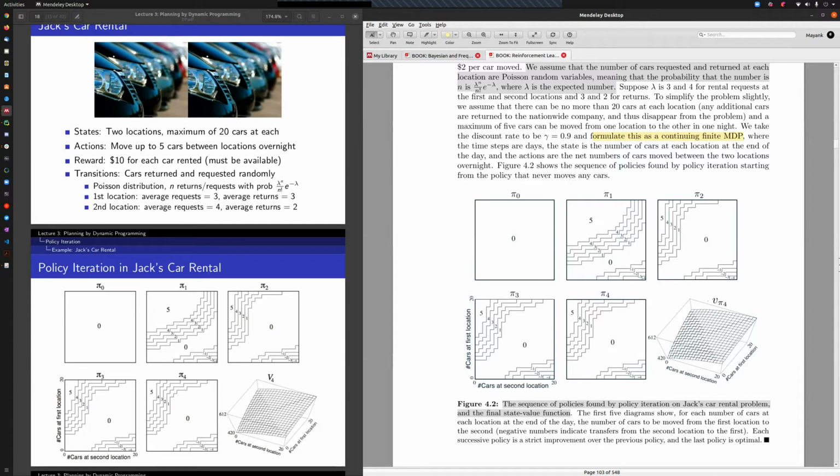But in any way, to each state a certain value corresponds, and you see that obviously when both spots are full, 20 cars in location A and location B, we have the highest expectation because we can always satisfy the demand. But if we don't have any cars, we have lower expectation.